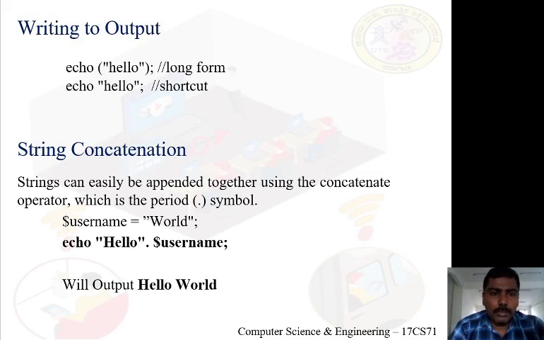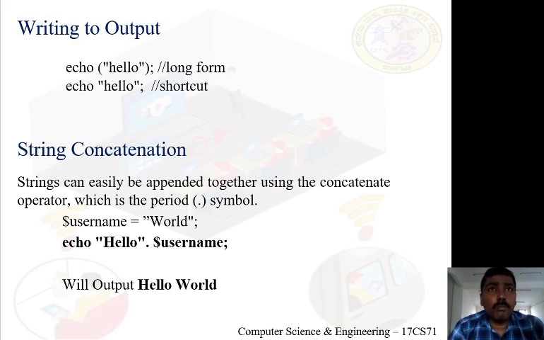Next, let me say in my PHP script there are two string variables. I need to concatenate those two strings to form a single string. So is there any operator available in PHP for string concatenation? Of course.